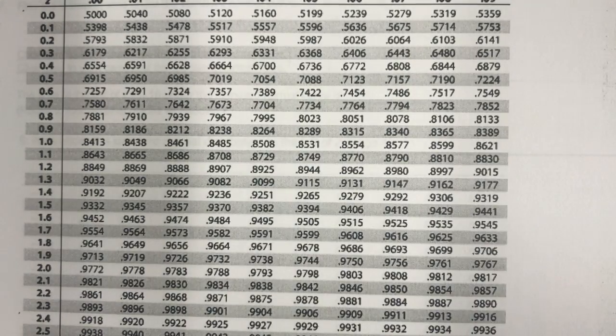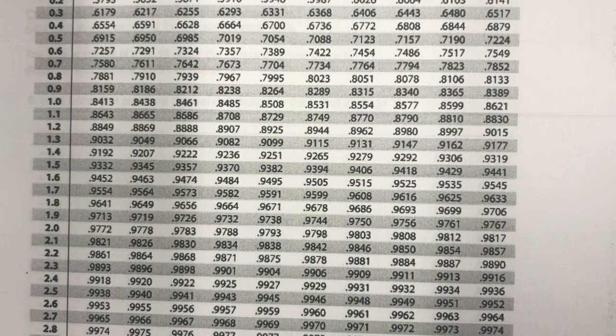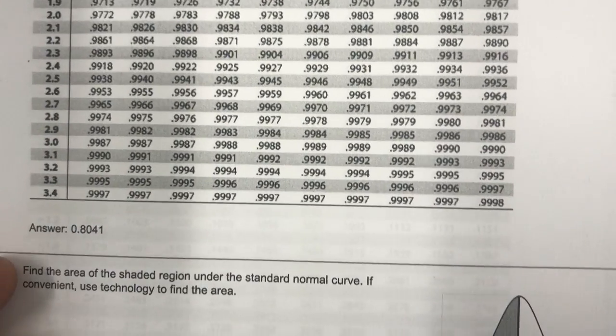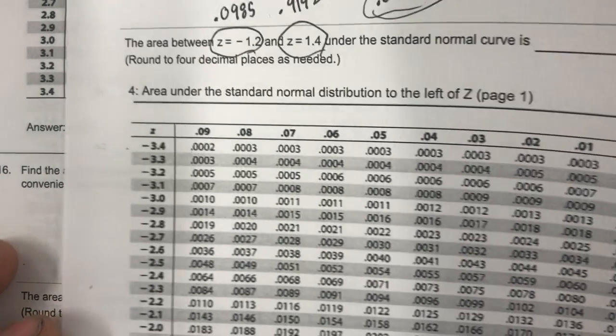Yeah, I don't know. I didn't get what they said here, 8041. I don't know, but I think we did it right. We'll go on. I'm going to stick with what we did because that's what the table shows us.